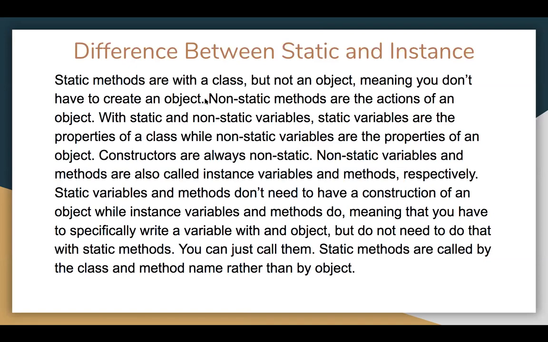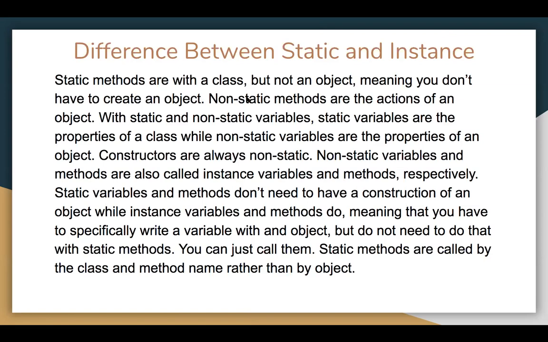You saw last class how, when we call static methods, we don't have to make a variable like the object that we have to do today with the classes, but we can just write the name of the method and it would execute like normal. So static methods are with a class, like the public class, but not an object, which means you don't have to create an object to execute them.